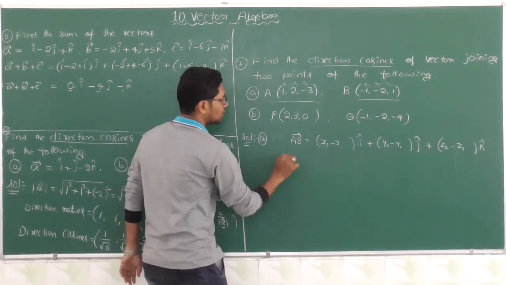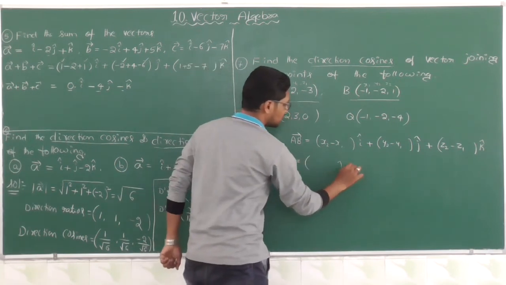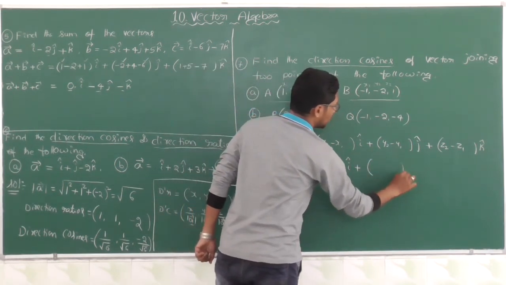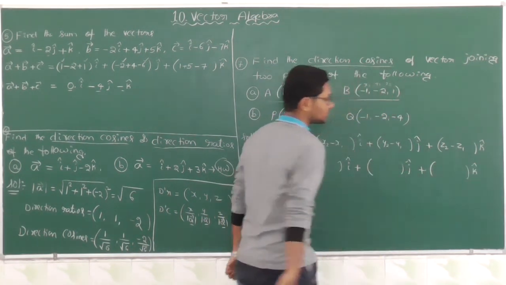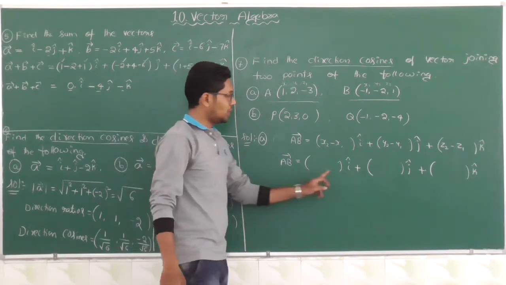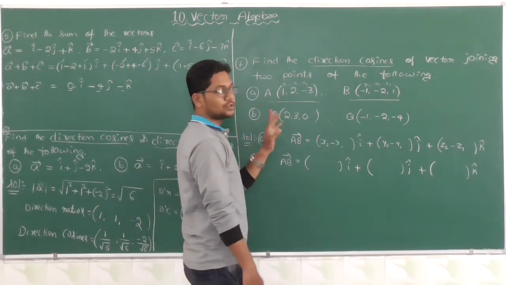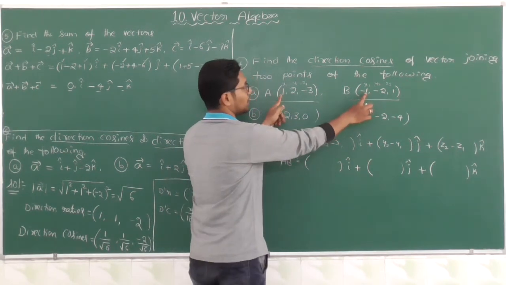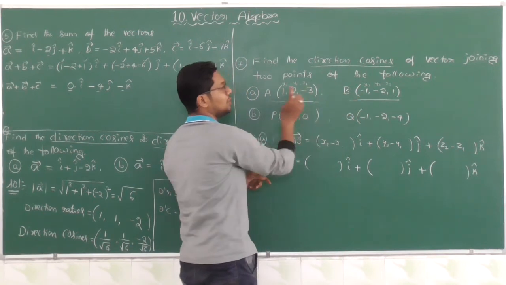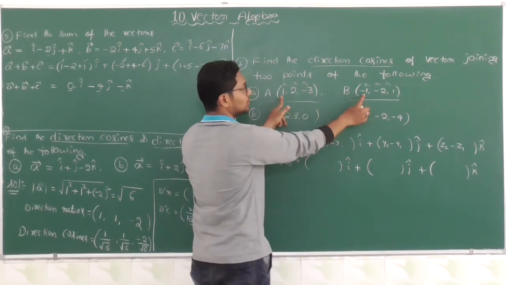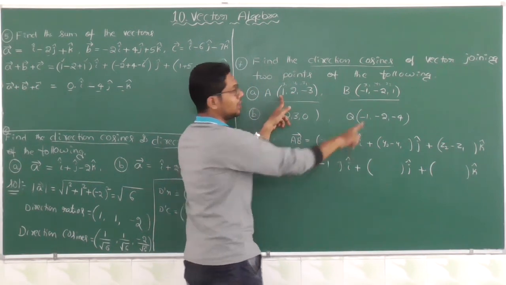AB vector equals x2 minus x1 i cap plus y2 minus y1 j cap plus z2 minus z1 k cap. In the i component, x2 minus x1, b minus a, is minus 1.